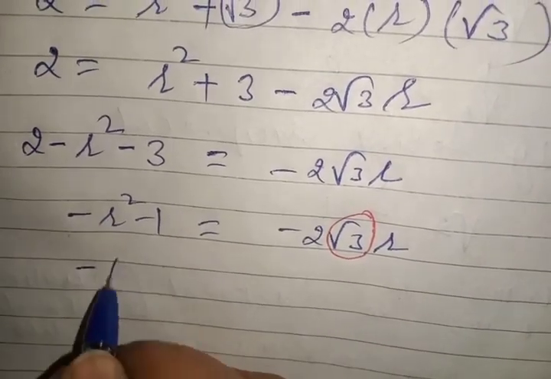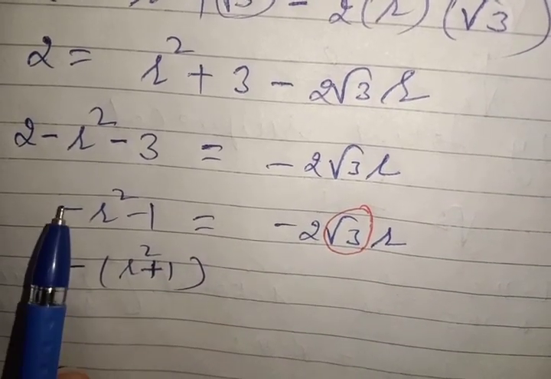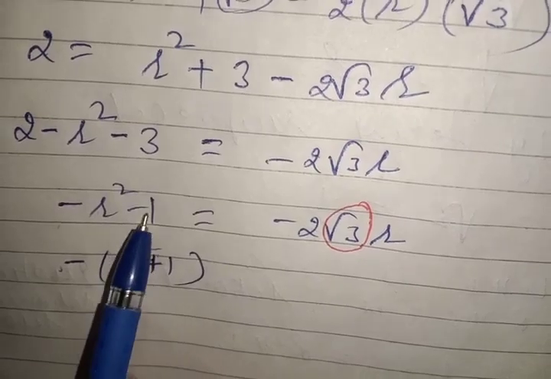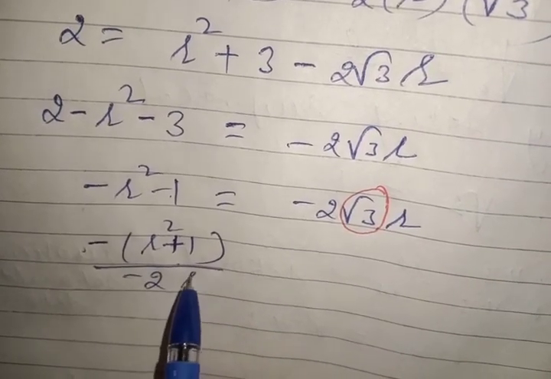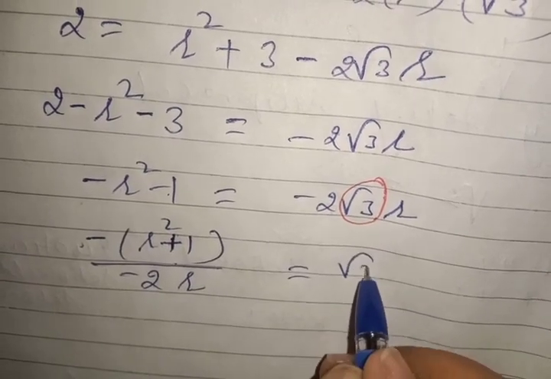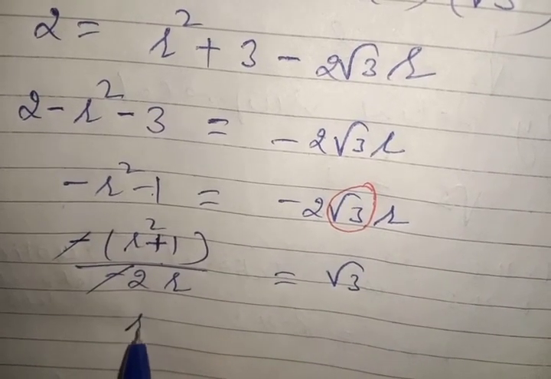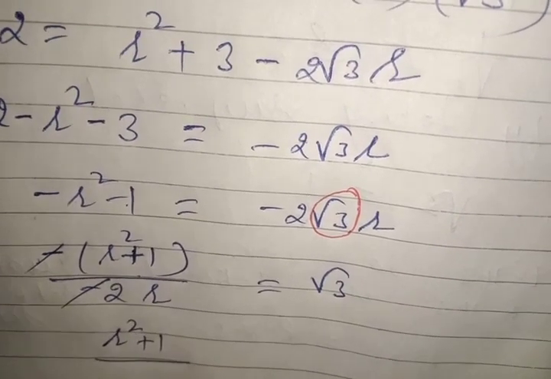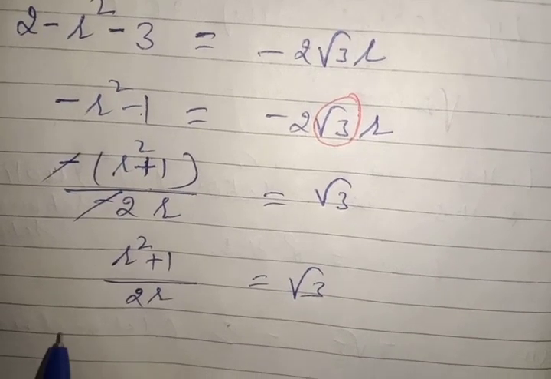So I'll take minus common, it will become plus. Shift minus 2R into the denominator and root 3 will remain here. Cancel this minus with minus, so we will get R square plus 1 upon 2R equals root 3. Now the same steps.